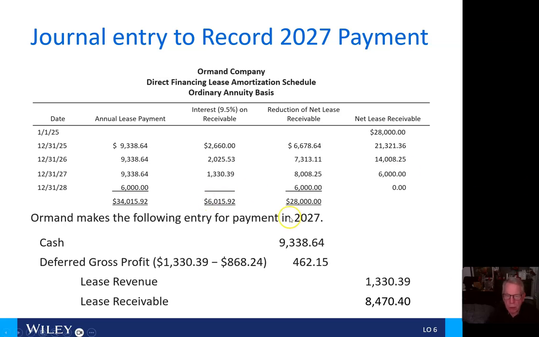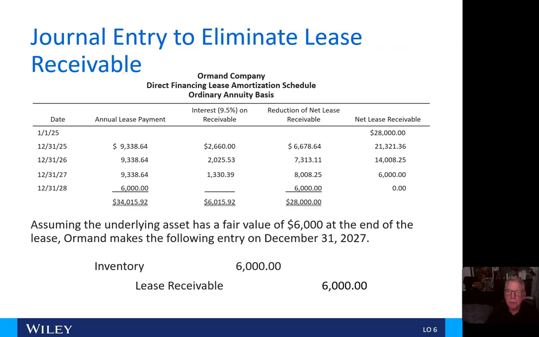Then for 2027, we'll do something similar. We'll debit cash here for $9,338.64. We'll debit deferred gross profit for $462.15. We will credit lease revenue here for $1,330.39, and we will credit lease receivable for $8,470.40.